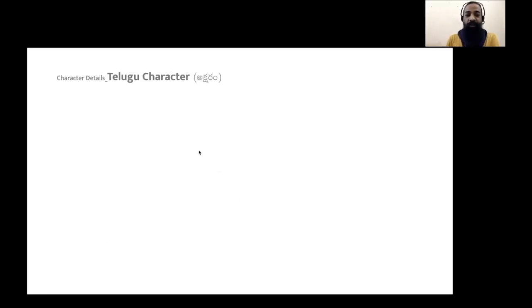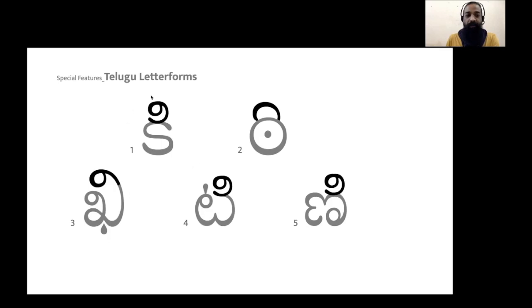If you look at this first conjunct, there is a vowel diacritic mark that comes above the base form. In the second one, it is placed on top of the base form, but the shape of it is totally altered.